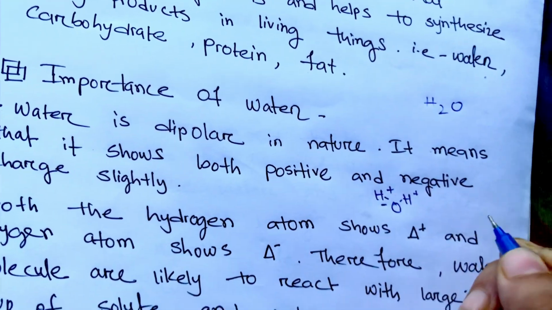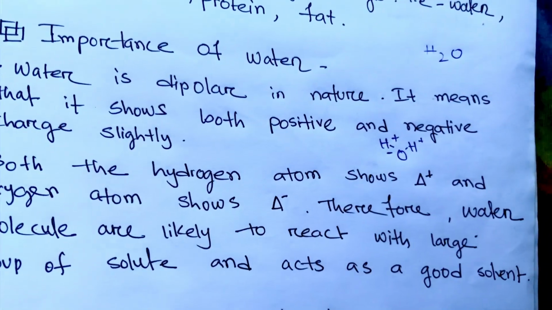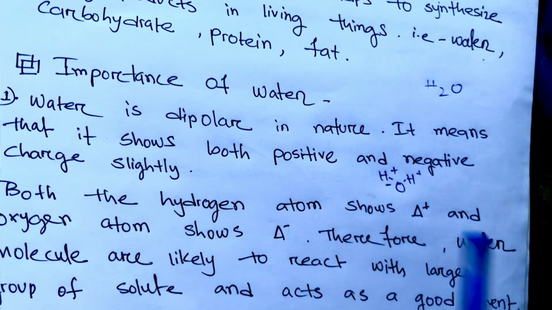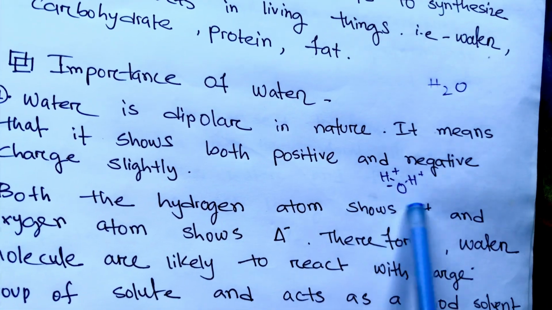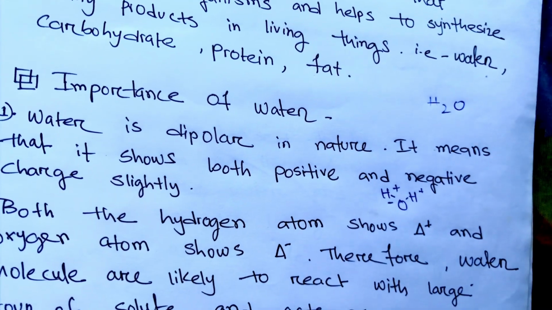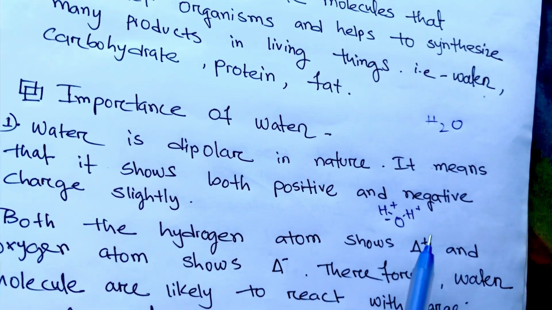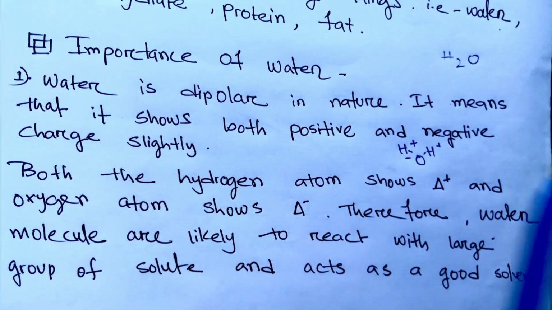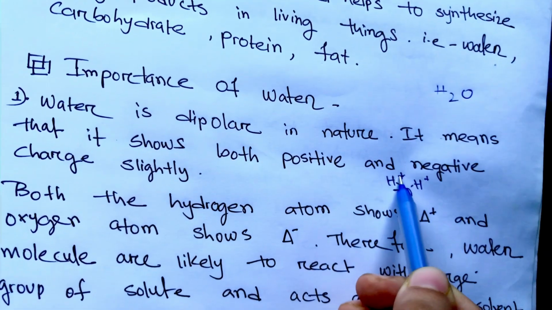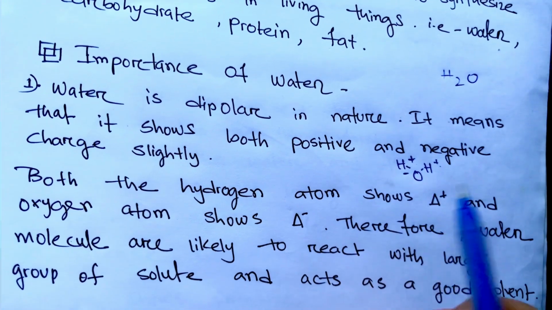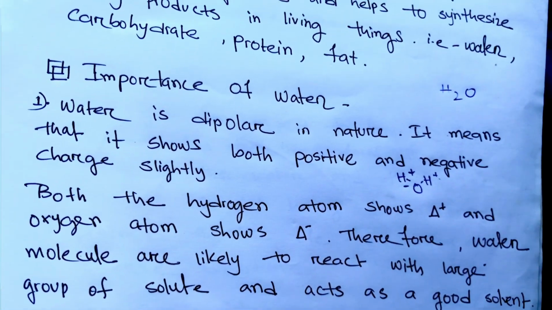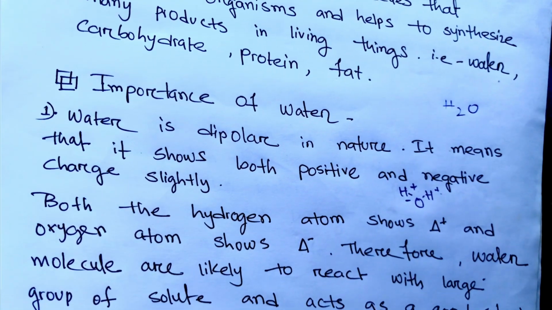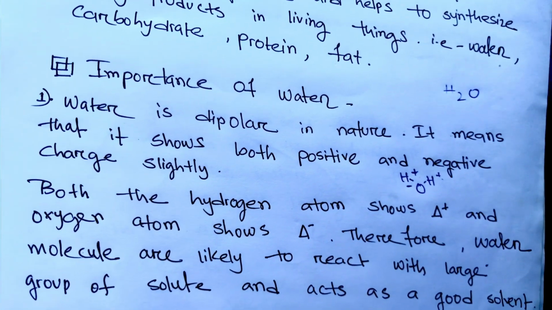If you have chemistry, you definitely know this bond. I'm just writing it to remind you. So it is the basic form of water, H2O, and that's why it is known as dipolar, because it shows both positive and negative charge which cancel out each other, and that's why it acts as a good solvent.